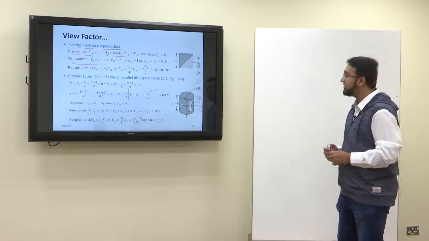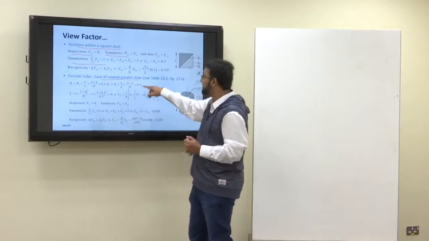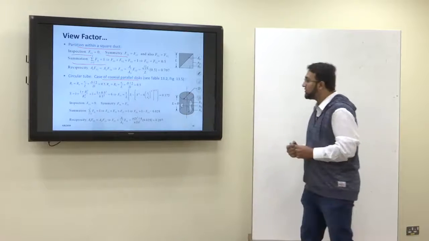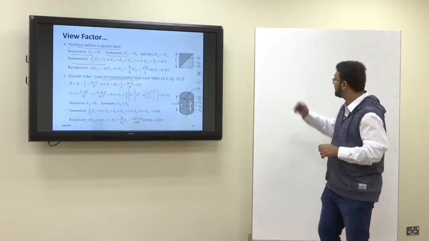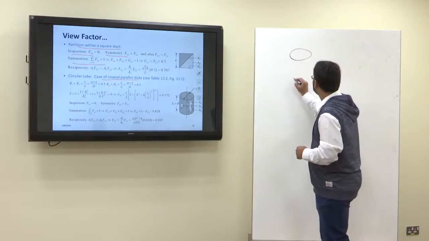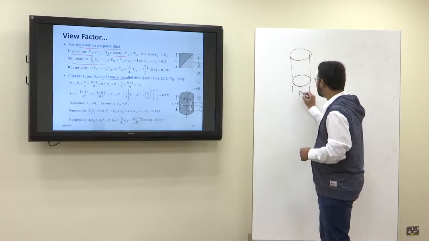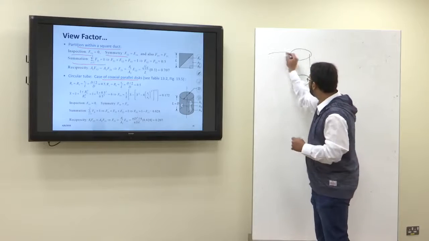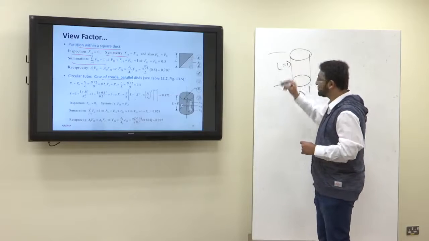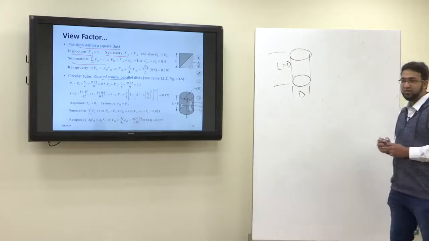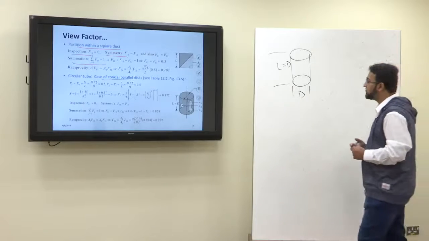Now let's say this is a fourth case, a case of coaxial parallel disks. You have a small cylinder. The diameter of the cylinder is D and the length of the cylinder is L, but it is said that L is equal to D. What are the surfaces we have?